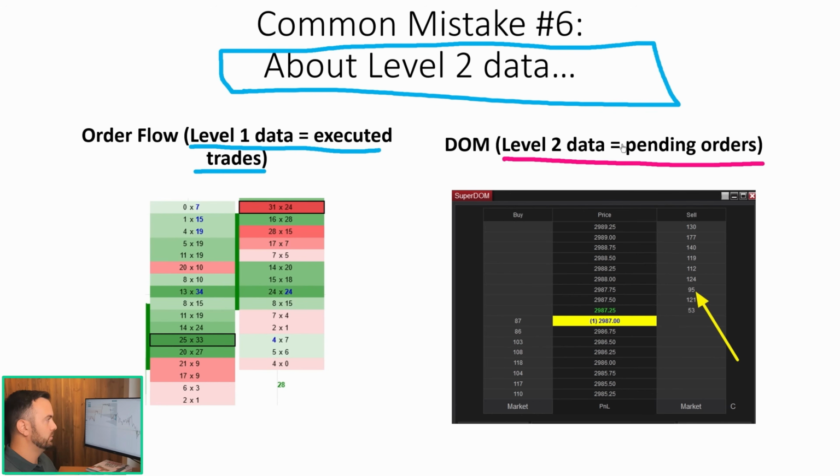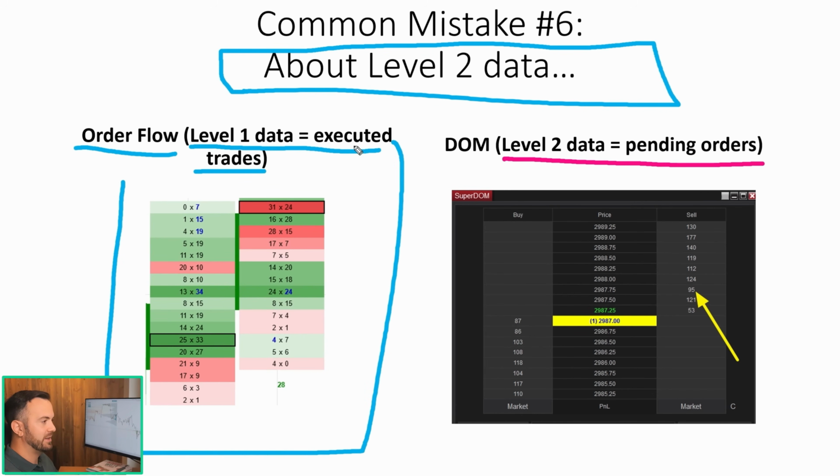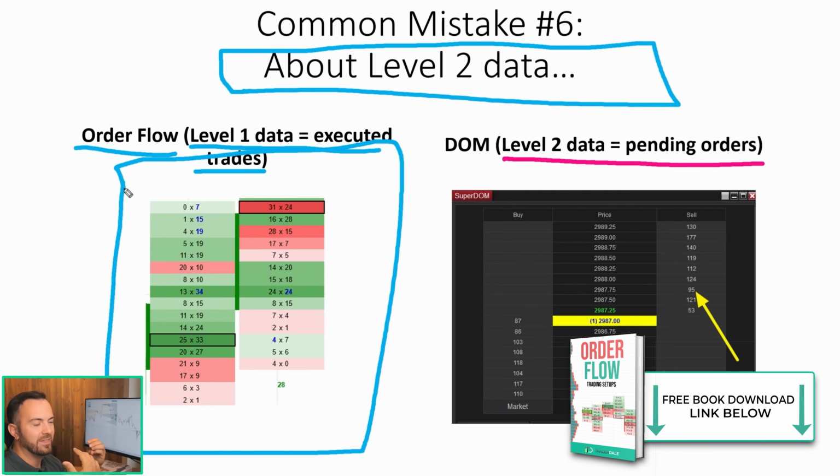So order flow is showing you executed trades that somebody actually executed, that actually went to the exchange and that were actual trades, right? Somebody was trading with their intent to buy or sell and they executed that trade. That's what level 1 data shows. That's what order flow shows.